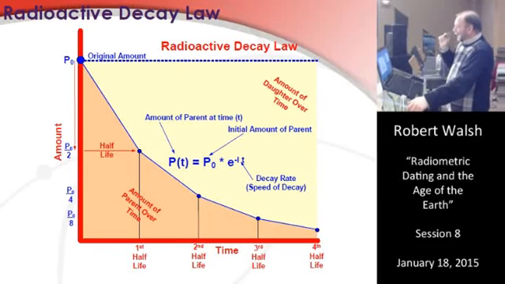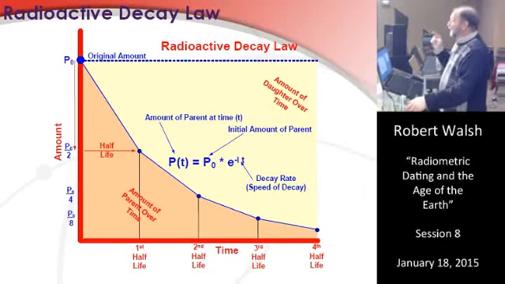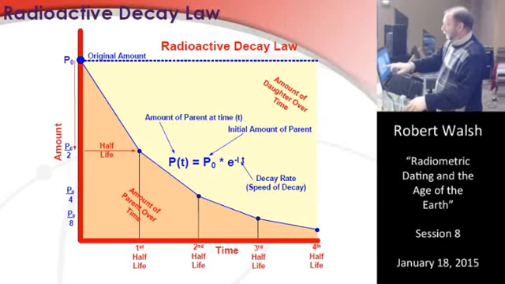So, in this law, there are at least two assumptions, and I'm going to add a third. Number one, the first assumption is that lambda, the decay constant in the exponent, is constant over time. The second assumption is that you and I can determine what the original amount is.